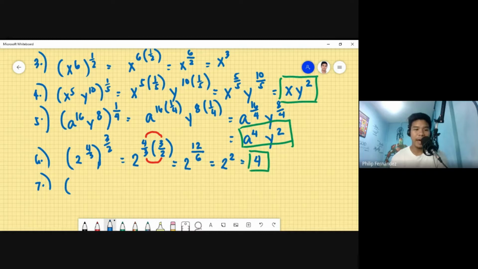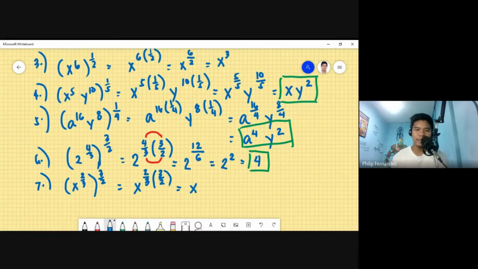Let's say we have x raised to 2/3 raised to 3/2. Ako muna. Copy the base, x. Copy the exponent inside the parentheses, that is 2/3. Multiply to the exponent outside, which is 3/2. And that is equal now to, copy the base, x.